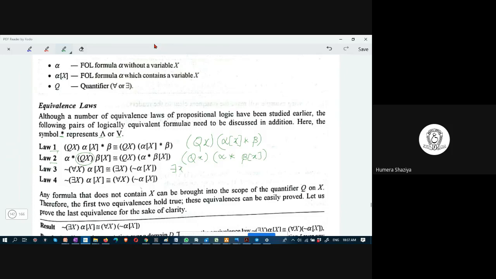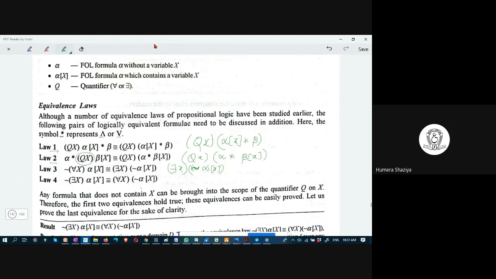Not, when applied to for all x, would convert for all x into there exists x within parentheses, and this not can be placed with alpha and parenthesized. So we get not alpha of x. This one is the equivalent form to the first one.